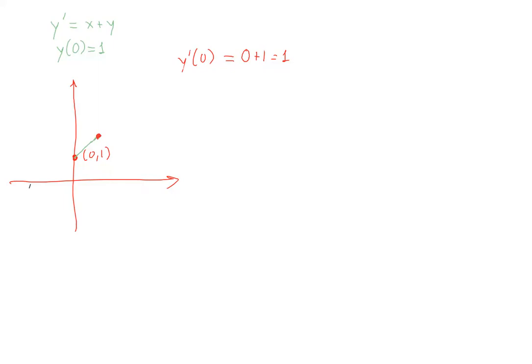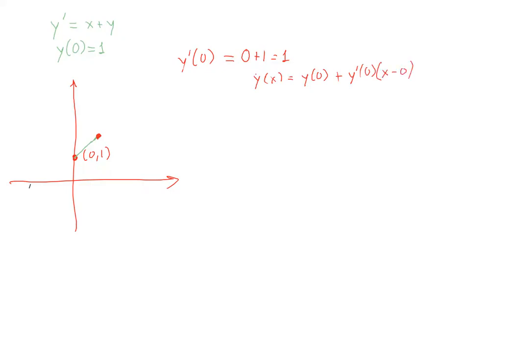The new point that we're going to end up at can be found by using the following. Since you have a linear function, the tangent to that linear function would look like y of x is equal to y of 0 plus the slope y prime at 0 times (x minus 0).